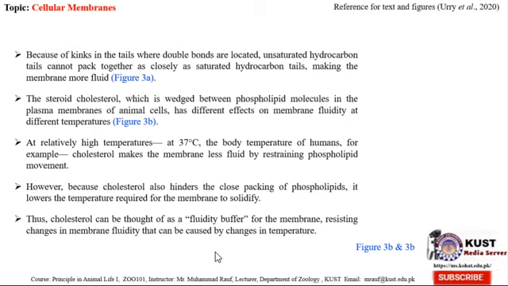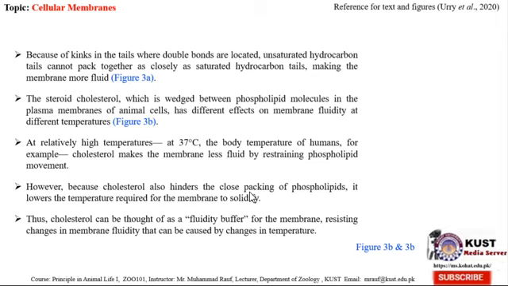So you can see here this cholesterol is performing a role of a buffer, and it is putting a check on the level of fluidity the membrane will show. On one hand, it hampers the movement of the individual phospholipid molecules, thereby decreasing the fluidity.